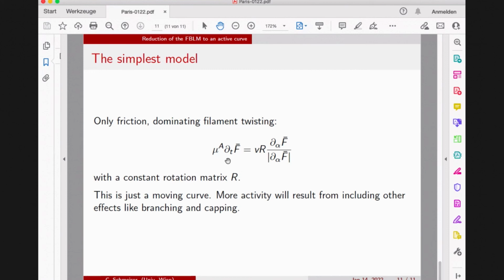So that would be the heart of the model which you get at the end. However, this is not a useful model for what you want to do, so there need to be more things, for several reasons where I don't have time to go into detail. So that is just the basic idea. Thank you for your attention.